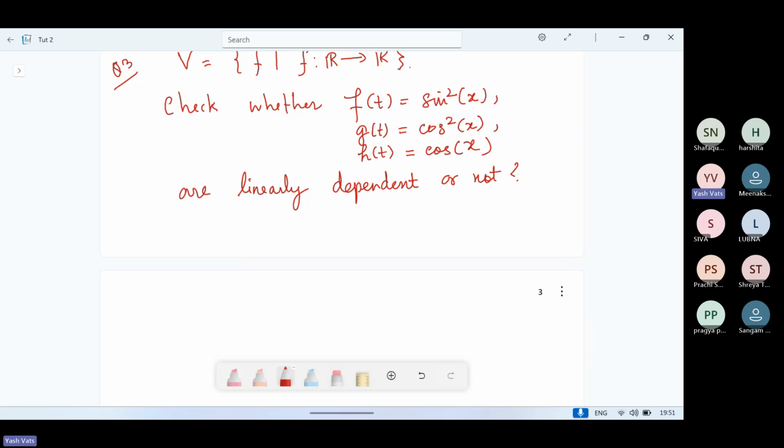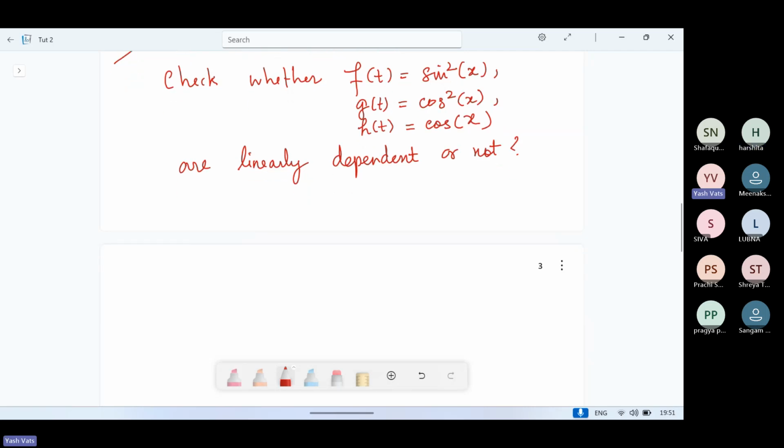Harshita, you want to tell me? So linear dependent means a set of vectors or matrices has at least one linear combination of elements that equals 0. Yes, yes. Okay. Let's try with that. You're right. So, suppose f, g, h are linearly dependent.